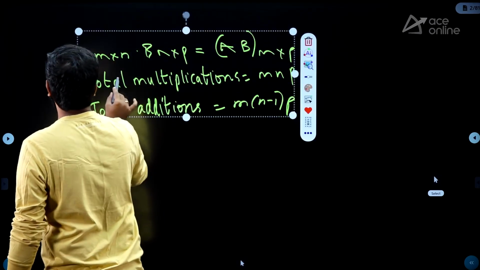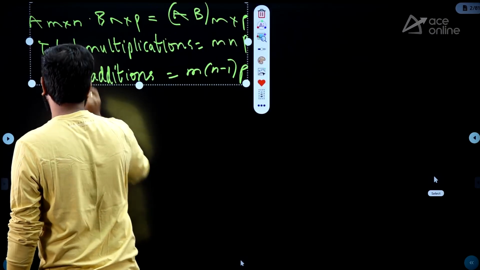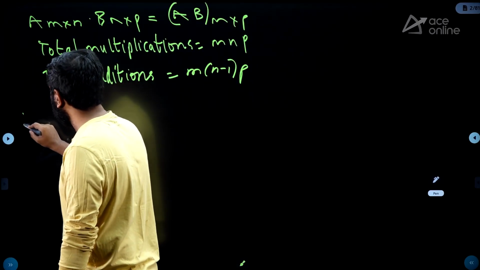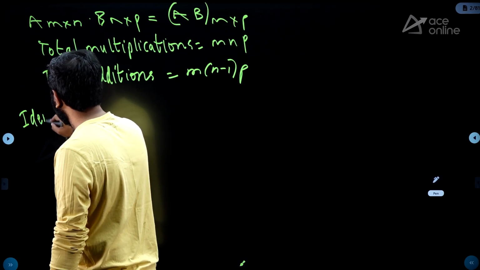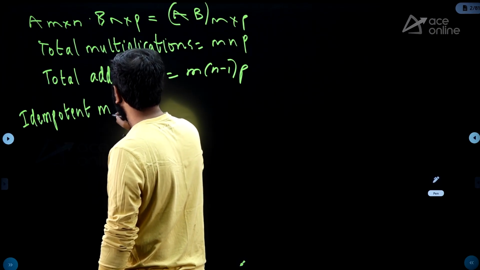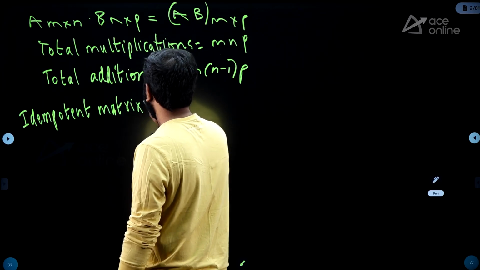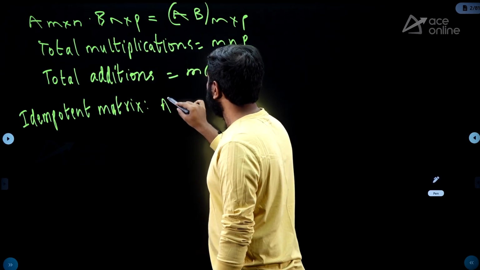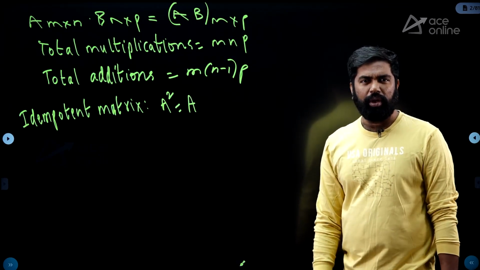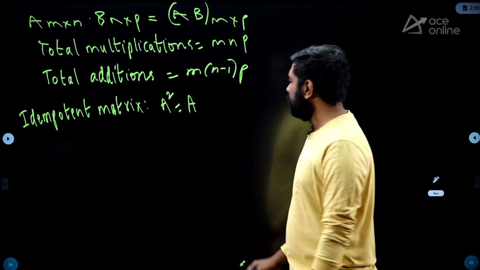You should also know the different types of matrices. You can start with the idempotent matrix. An idempotent matrix has the property that A square will be A. Students, if A square is A, can you tell us what is A cube then?